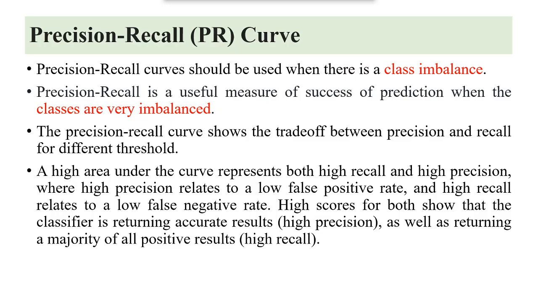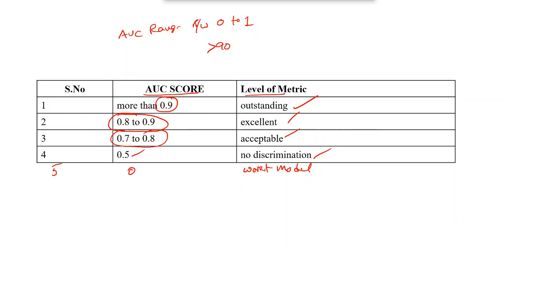So here are four important points I am explaining. This is the x-axis, considered the false positive rate, and this y-axis is considered the true positive rate.